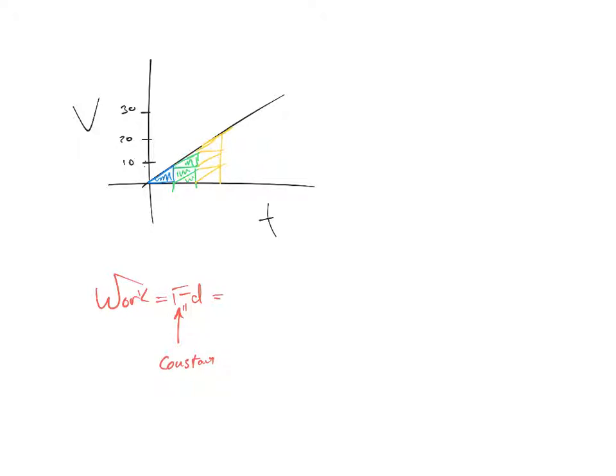You're trying to go up, but the Earth's pushing you down, so you're losing energy? If you're moving up, the work done by the force of gravity is negative, because the force of gravity is down and you're moving up.